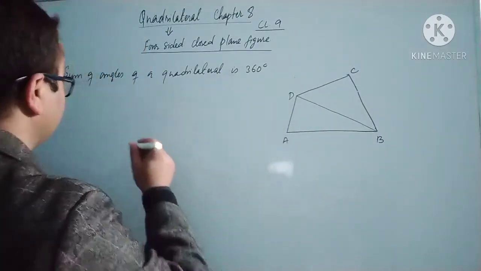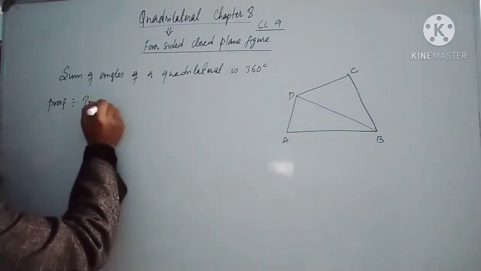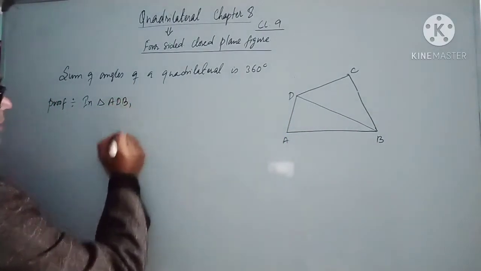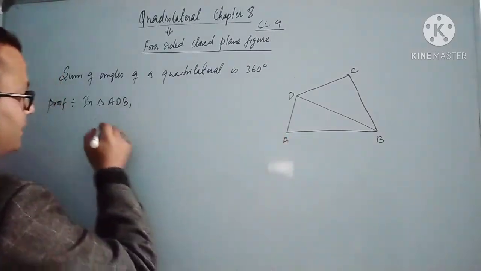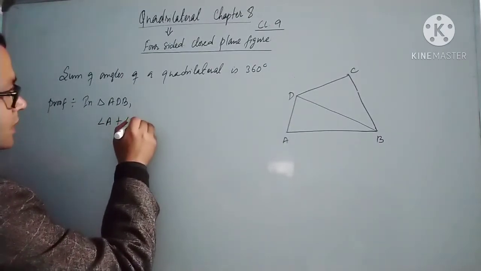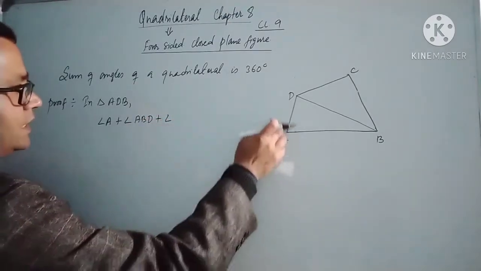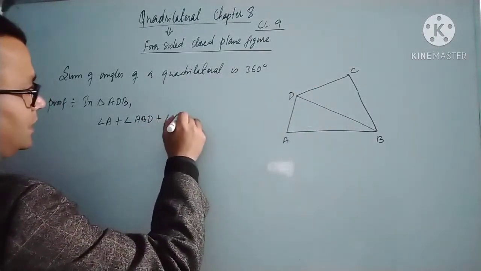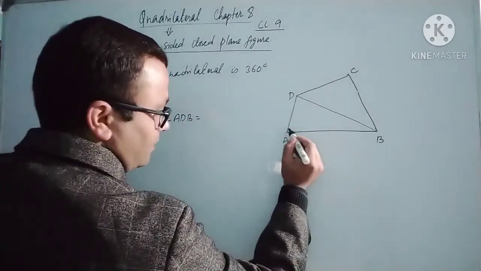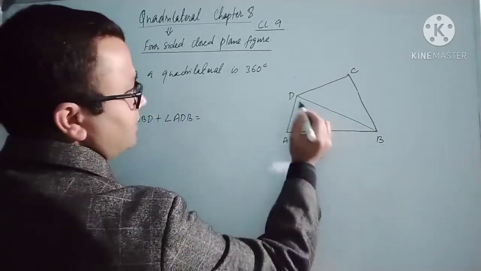Proof: in triangle ADB, angle A plus angle ABD plus angle ADB equals 180 degrees. Here angle A is this angle, ABD means this angle, ADB means this angle.